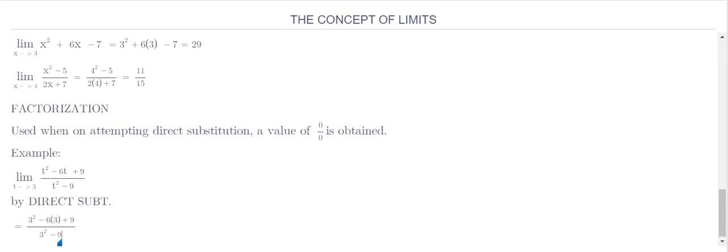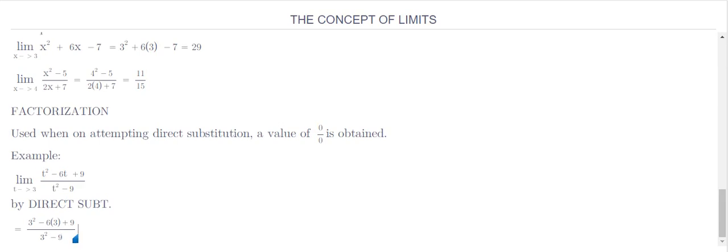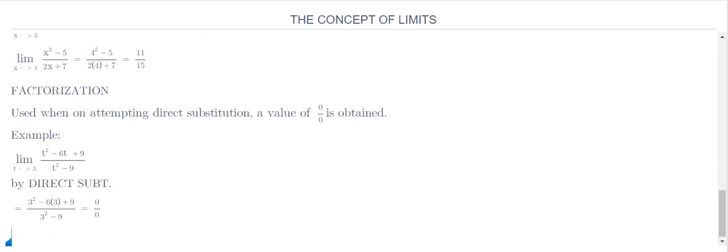Now when you solve the numerator, 3 squared is 9, 6 times 3 is 18, and then 9. When you add the numerator and the denominator, sure enough you get 0 over 0. Because we have gotten 0 over 0, you move on and use factorization.